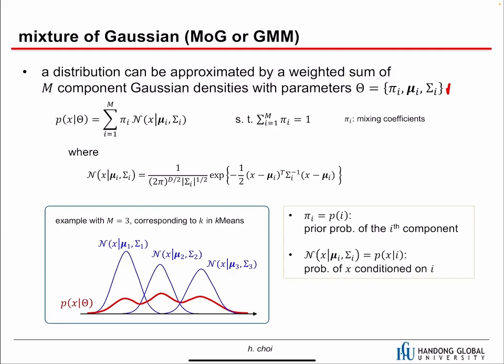Okay, in the previous chapters, we talked about the maximum likelihood estimate for a single Gaussian distribution. In that case, we assume that all the data samples can be approximately modeled by one single Gaussian distribution.